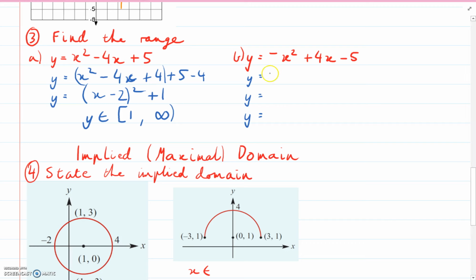Be careful with these questions. We need to first factorize out the negative. Oops. Should be a minus and a plus. Then we can start doing our matching values. This is the same as the last one.